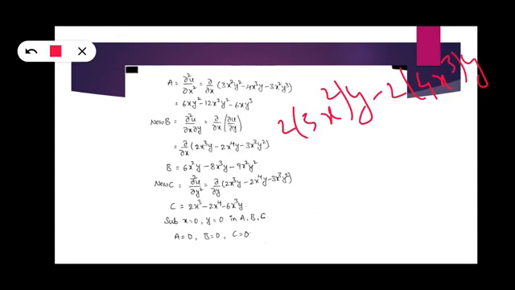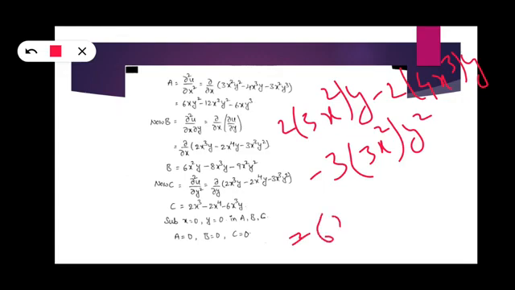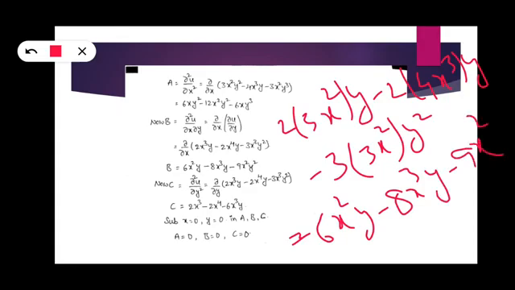Next, minus 3 into x cube differentiation is 3x square into y square. So this is equal to 2 into 3, 6x square y minus 2 into 4, 8x cube y minus 3 into 3, 9x square y square. This is the value of b.